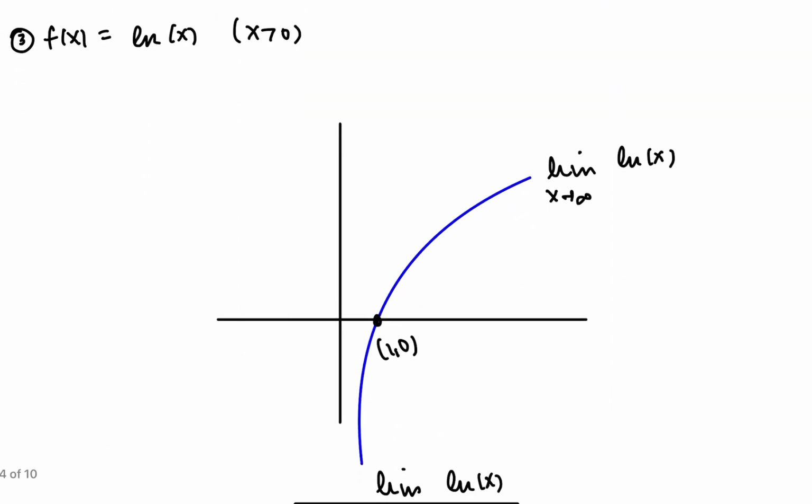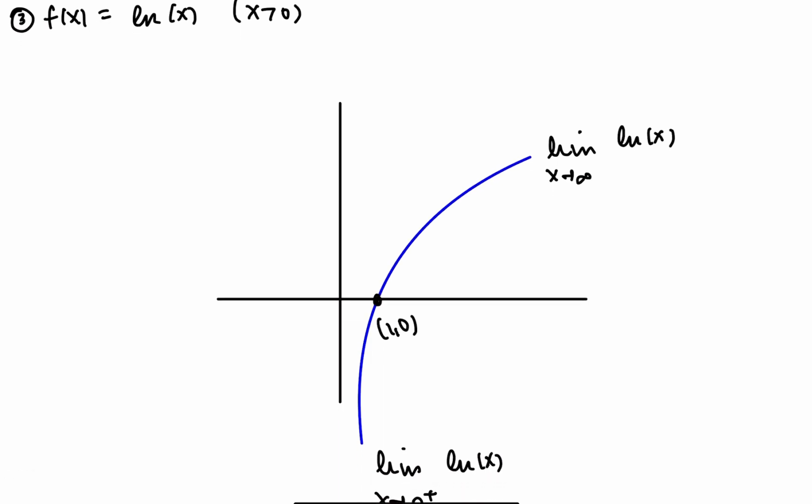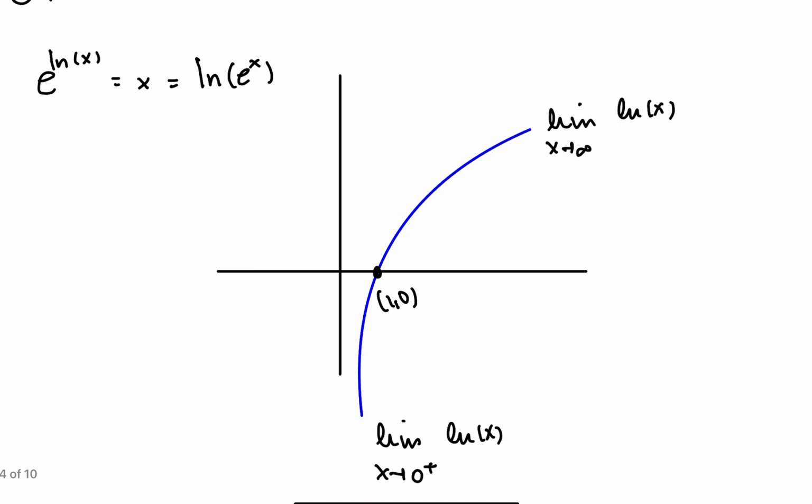Now, the graph of the natural log of x. We know that the natural log of x is the inverse of e to the x, meaning if I do e to the natural log of x, I get x back, and this is the same as the natural log of e to the x, okay? Using the graph, we see that the limit as x goes to infinity, meaning x grows in this direction, is equal to infinity.